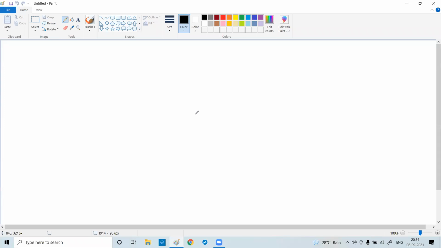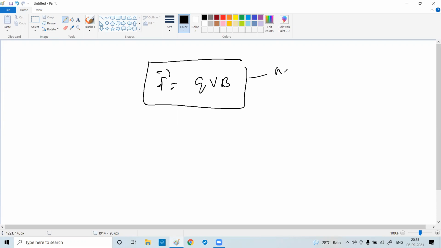So now we will study, if F equal to qvB, this is the magnitude. Clear? Then what will be your B? Your B will be F by qv. Agree with me?